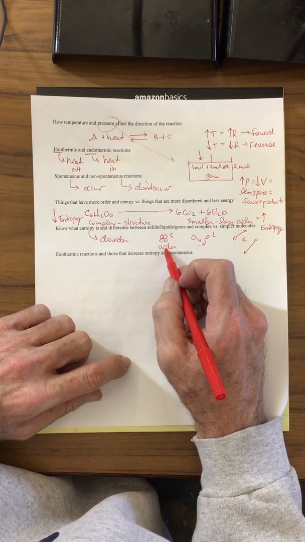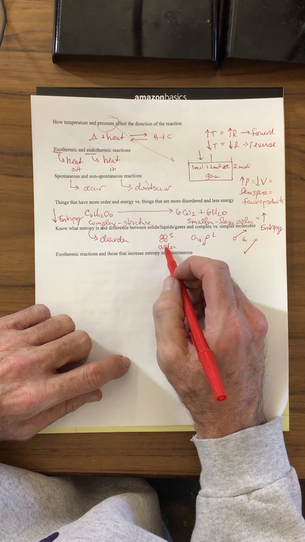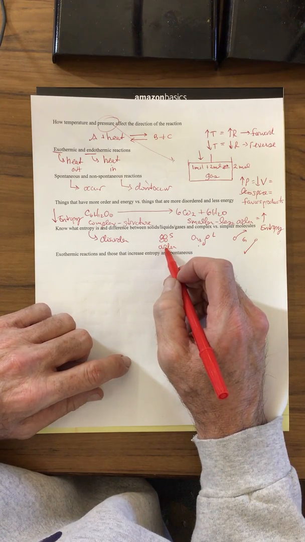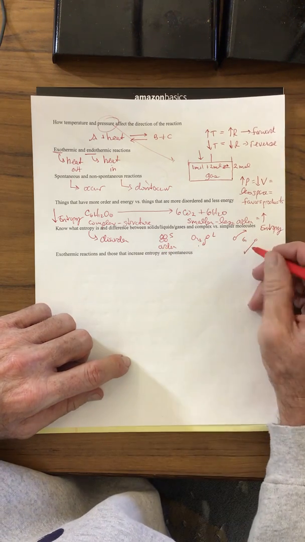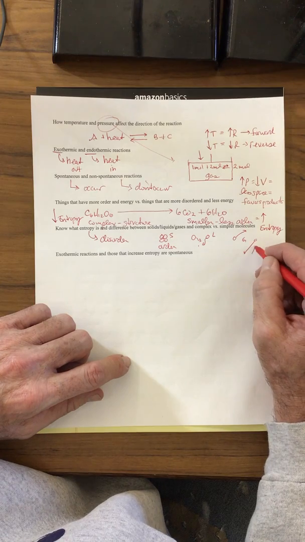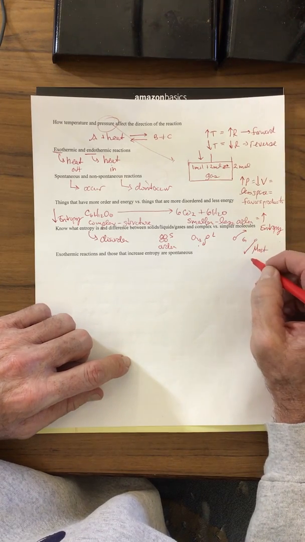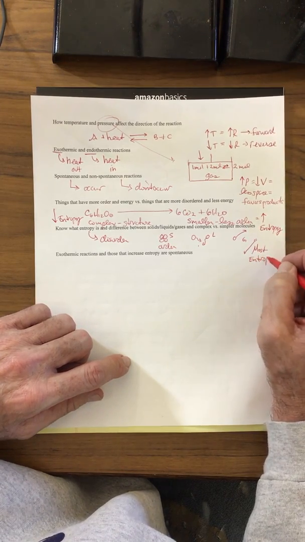This has the most order, this has the most complexity, this has the most structure. So this is very low entropy. Over here, it's more random. This has the most or increased entropy.